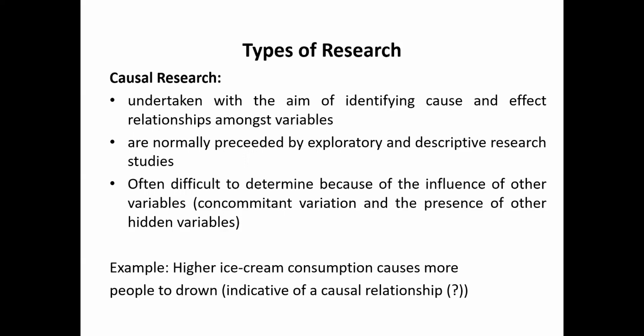If you try to sequence these research examples I was giving you, the first was exploratory, where you get more information. After you get more information, you can do descriptive. But later there's a higher stage where we do causal research, where we want to see the relationship between things.